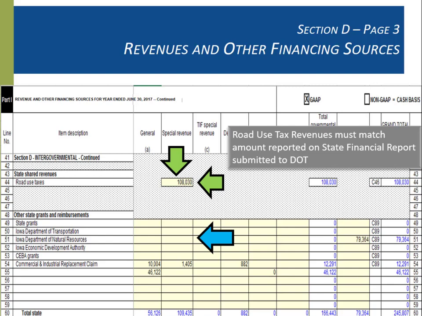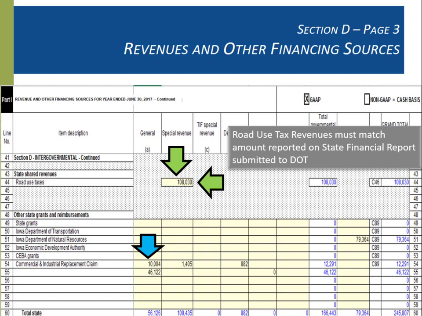A relatively new revenue from the state for your community may be the commercial and industrial replacement claim. If you have commercial property and have filed a claim, then this is where you would report that revenue. Commercial and industrial replacement claim should not be confused with the backfill amount that's coming in as part of the commercial and industrial backfill.